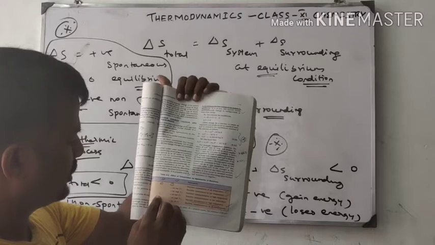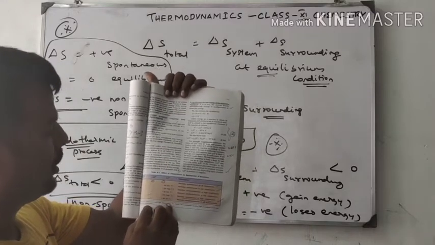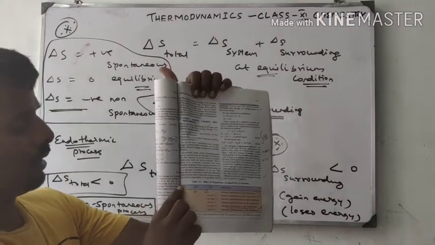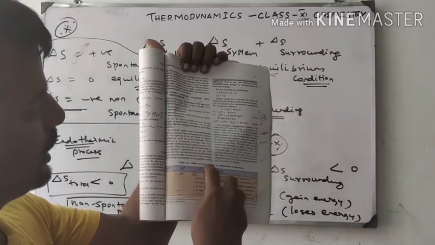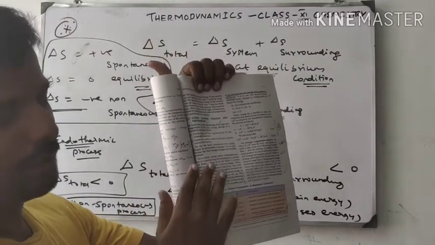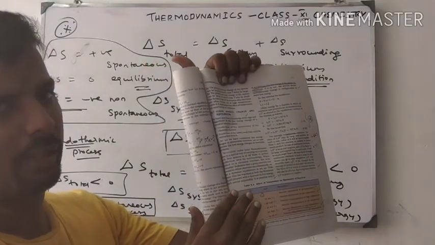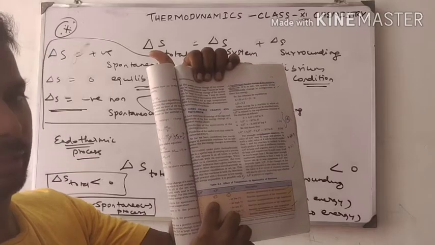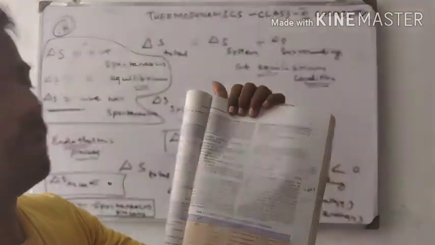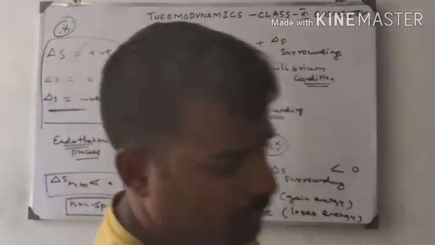If delta S is 0, it means equilibrium. So these three terms are given: enthalpy change of reaction, change in entropy, change in Gibbs free energy. Gibbs free energy we are not taking; next class I will take that. This is the entropy related term, page number 179 given. That only I am explaining.